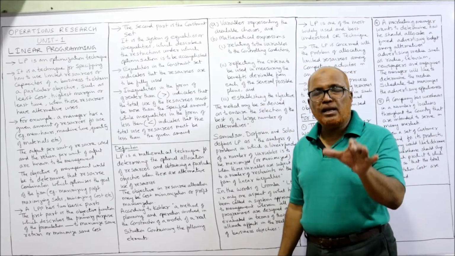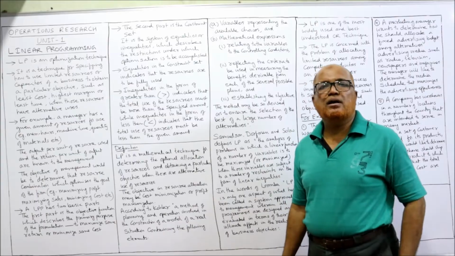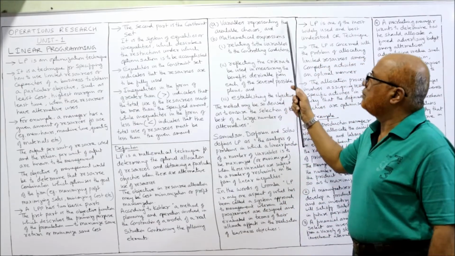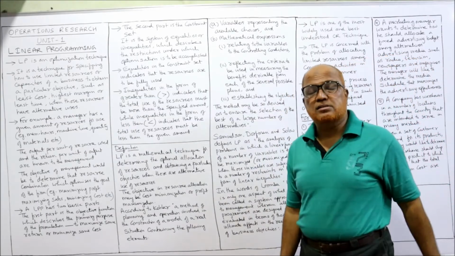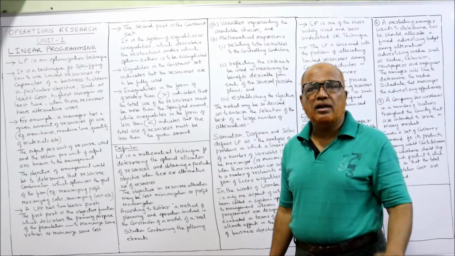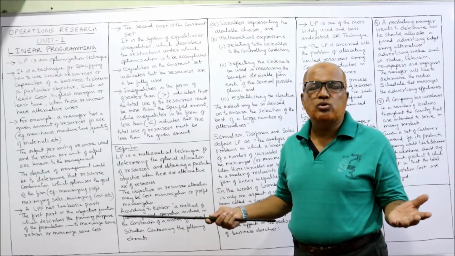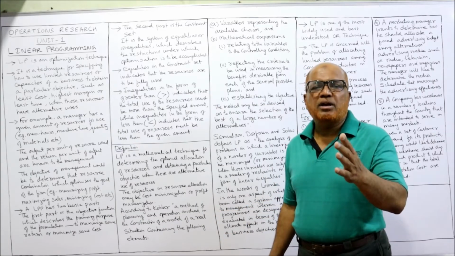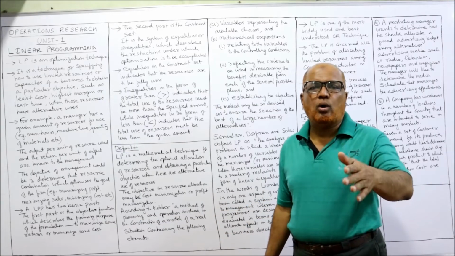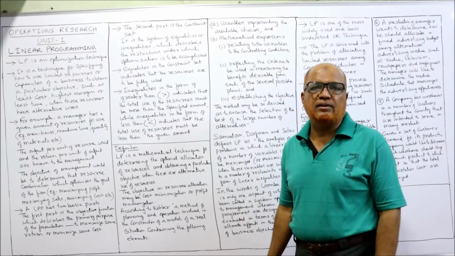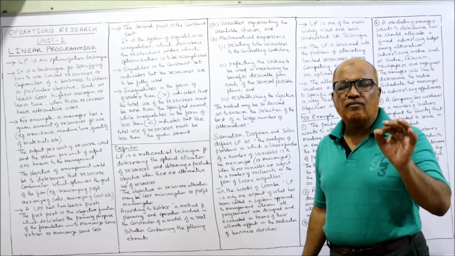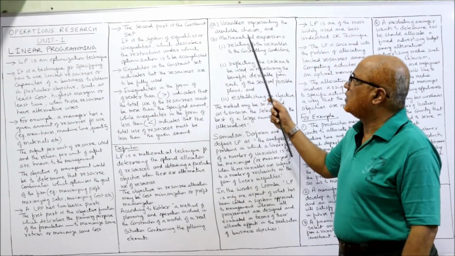So this mathematical model contains variables representing the available choices. That means what are the alternatives available. If there is only one alternative, there is no decision making. Decision making will arise whenever we have two or more alternatives. So first he says we have to define the variables of the alternatives.